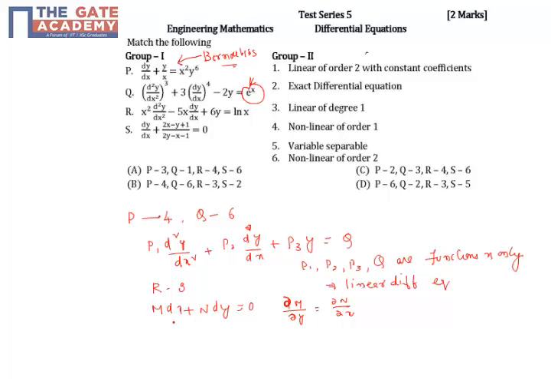So this M dx plus N dy equal to 0 equation, we can call it an exact differential equation if ∂M/∂y equals ∂N/∂x.